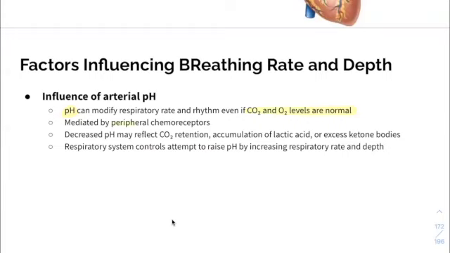Again, we have those receptors, the aortic bodies and those carotid bodies that monitor the oxygen level in our blood. If we have a decreased pH, we may have more carbon dioxide retention. We have an accumulation of lactic acid.